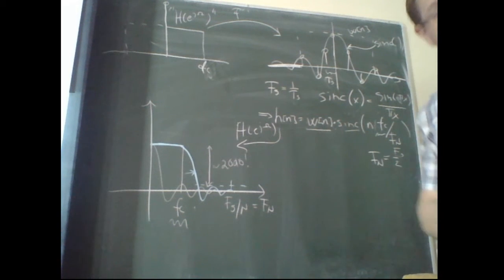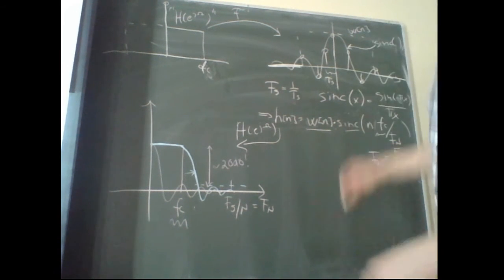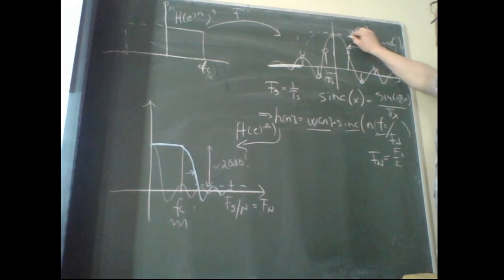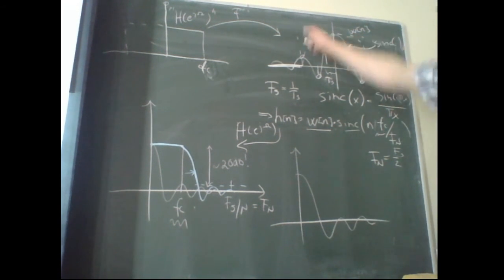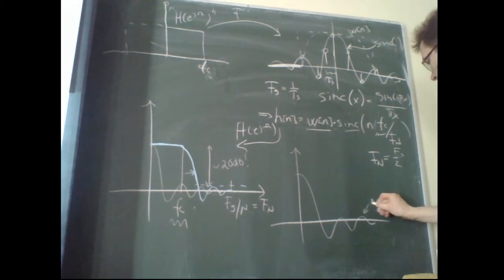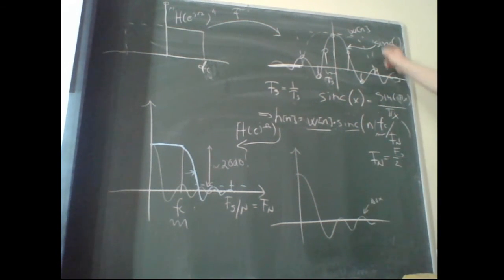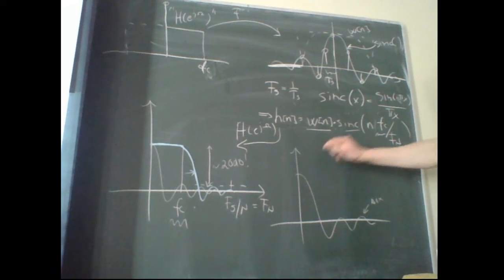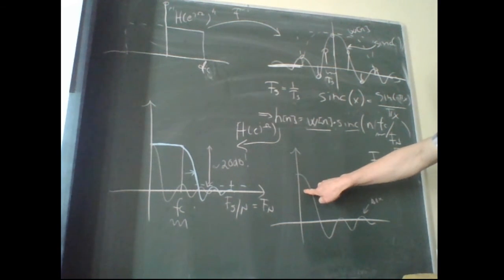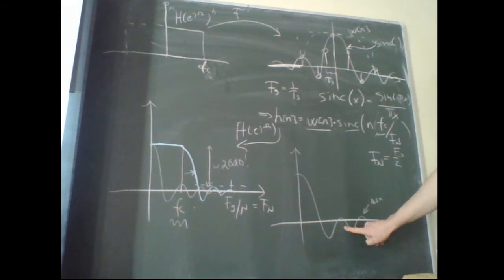We can actually increase the stop band attenuation by smoothing the window. If we originally have this sinc from the box window, and we have a smooth window, it has more power on lower frequencies and less power on higher frequencies.